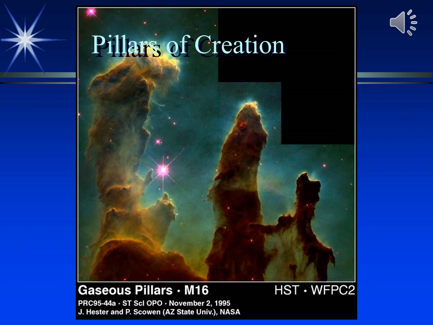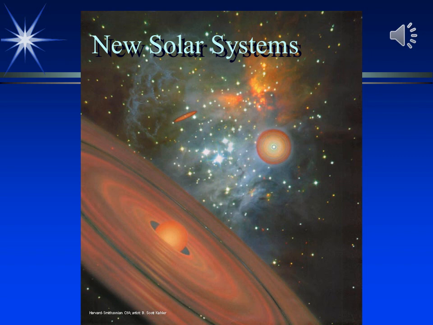Some stars are in the main sequence, some aren't. This is an artist rendition of the dark disk that you've seen a couple of slides ago in the Orion region. It's just a simulation. It's a simulation of how stars are being born and how a solar system is being born.